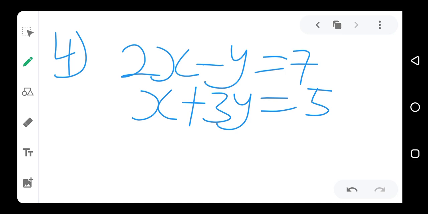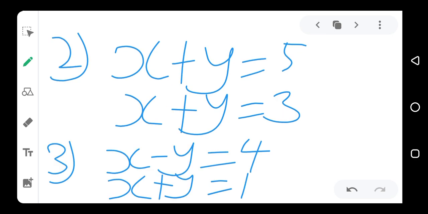You pick question number 1, use the substitution method to solve it, and then use the elimination method to solve it. You go to question number 2, use the substitution method to solve it, and also use the elimination method to solve it. So for all 4, you use both the substitution method and the elimination method to solve them. Thank you.